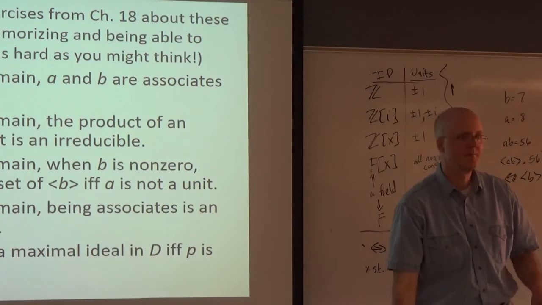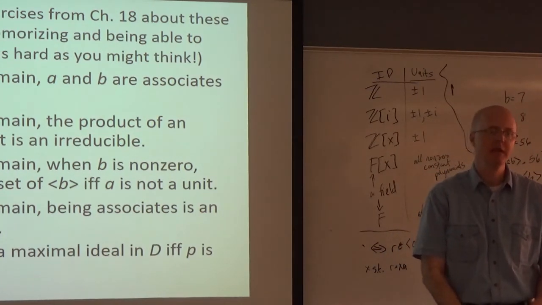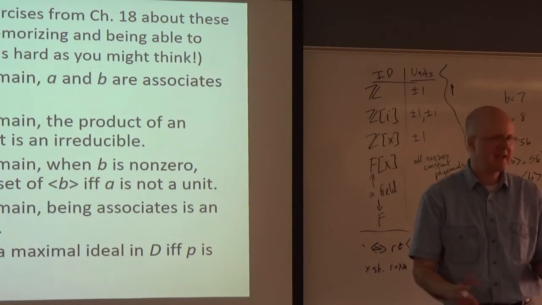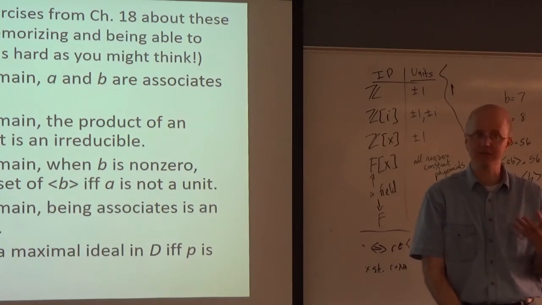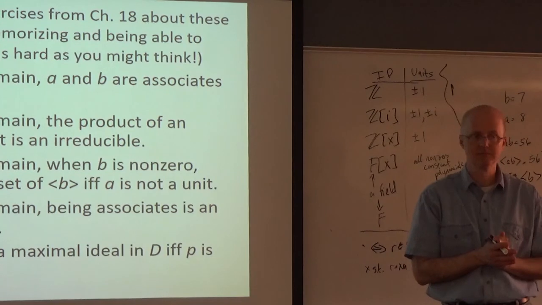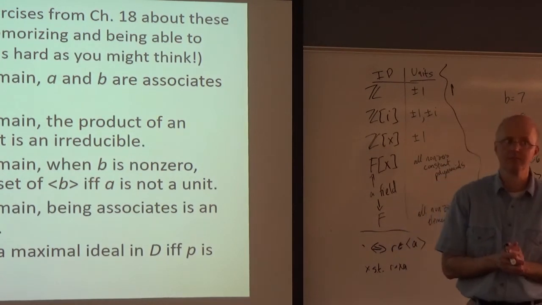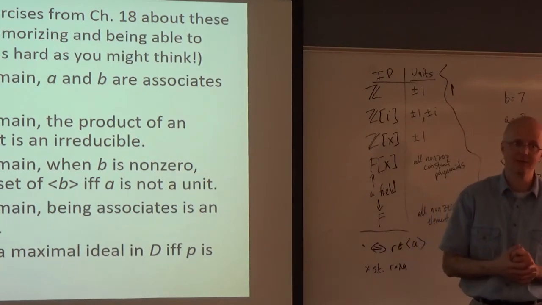Prime elements generate prime ideals, irreducible elements generate maximal ideals. And we've seen that kind of thing before with polynomials. We were trying to create fields, remember? By doing factor rings, where we modded by a principal ideal generated by an irreducible polynomial. That should sound like something you've thought about when I say that.